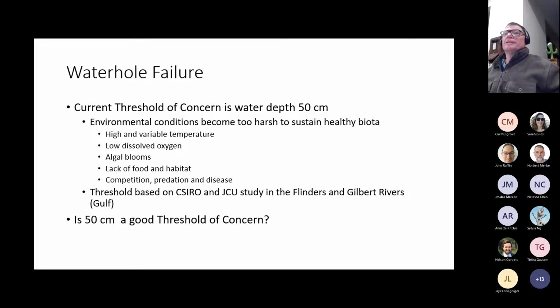So our current threshold for failure of a waterhole that we use at the moment in water planning is 50 centimetres, and this is considered to be the depth at which environmental conditions become too harsh to sustain healthy biota. And I mentioned some of these as high and variable temperature, low dissolved oxygen, algal blooms, lack of food and habitat for the fish that live there.